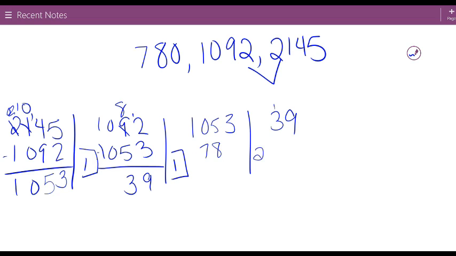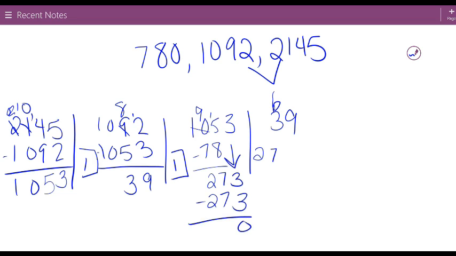Subtract. Bring down our 3, 7, and it gives us 63, 21, 27, and 0. Alright, so that tells us that 39 is the greatest common factor between 1092 and 2145.